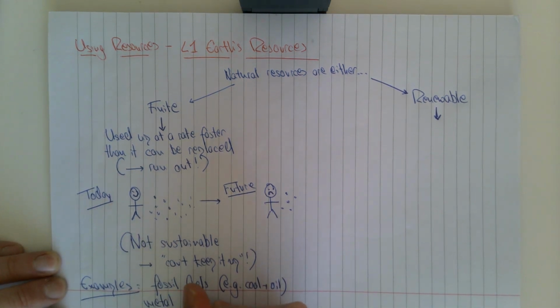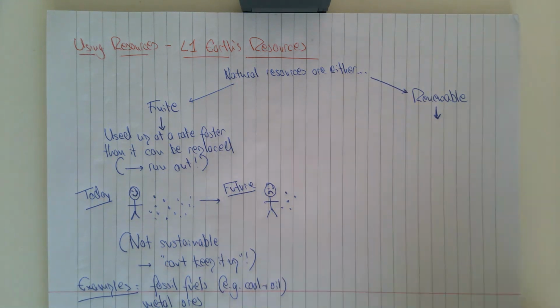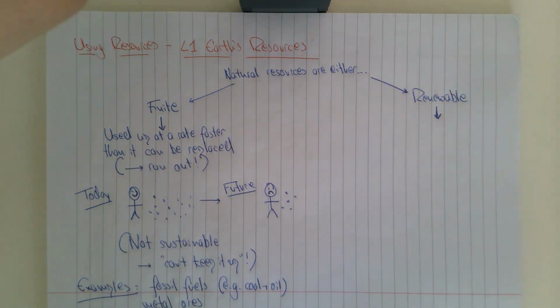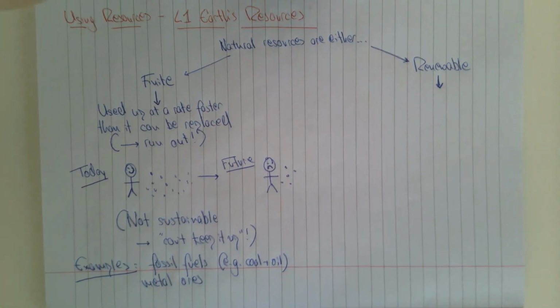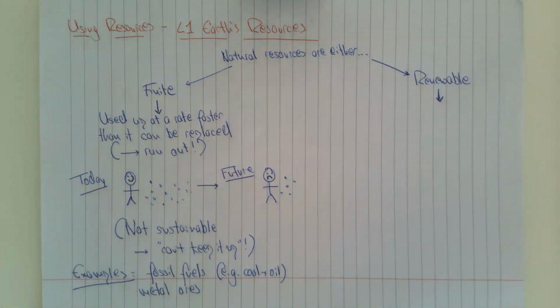So rocks that contain metals that we dig out of the ground that you then use to produce all the different things that we need, and using those too quickly so that they obviously aren't replaced, because the production of these takes an incredibly long time, hundreds of thousands of millions of years in order to do it.